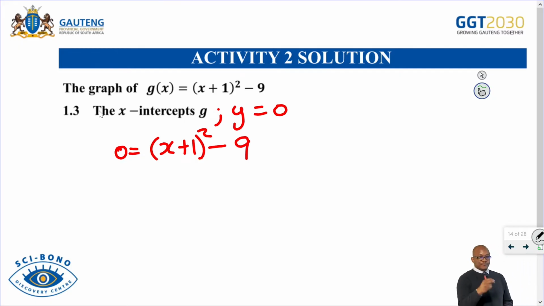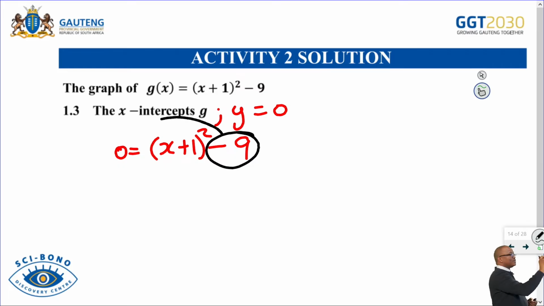So now we have to solve for x. We have different methods of solving for x when it's like that, but the simplest way is to transpose this 9 to the left-hand side. When you transpose that 9 to the other side, you're going to have +9.